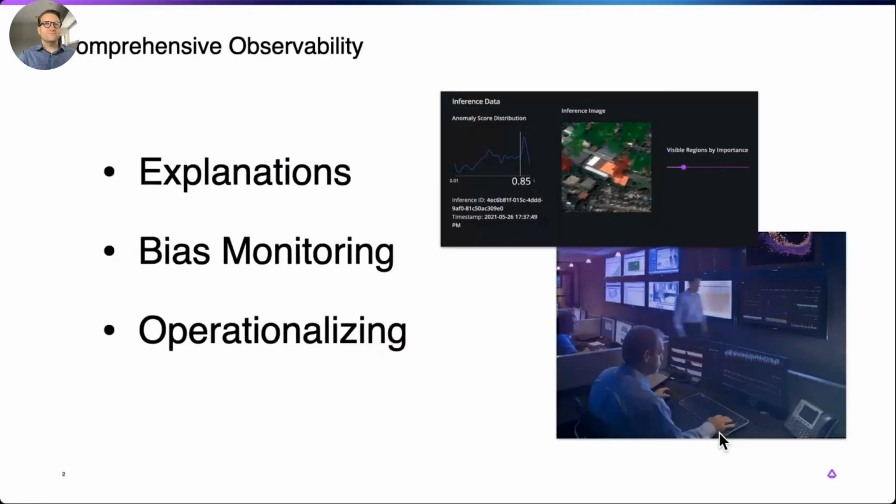And then the last thing I'll just tee up for a future talk is, this performance monitoring is critical as the foundation for broader observability, which, if you really have a production ML system and you want to make sure it's working well, in addition to understanding the performance and making sure it's performing well for everyone, you want to be able to explain what it's doing. If it's affecting humans, you want to be able to check for bias and mitigate any bias potentially.